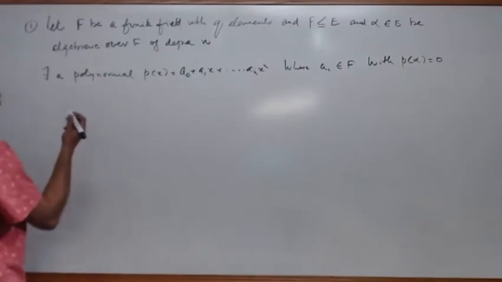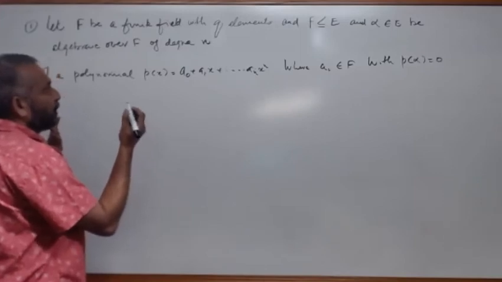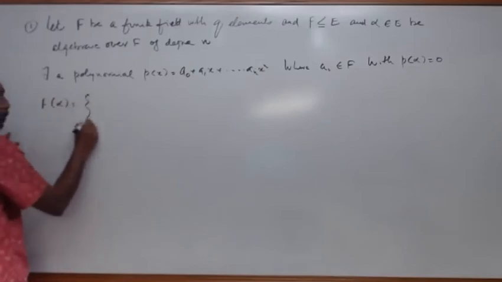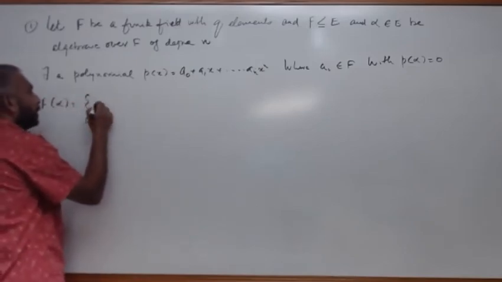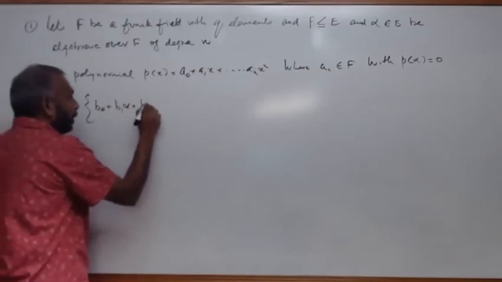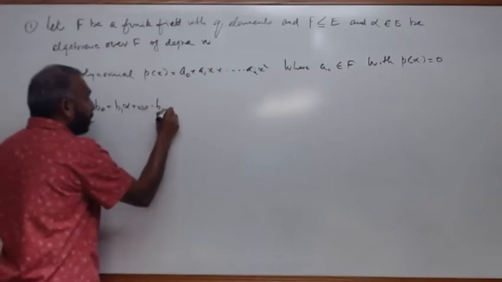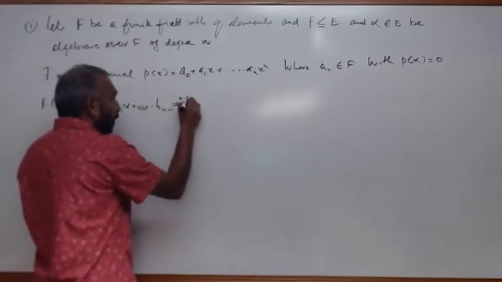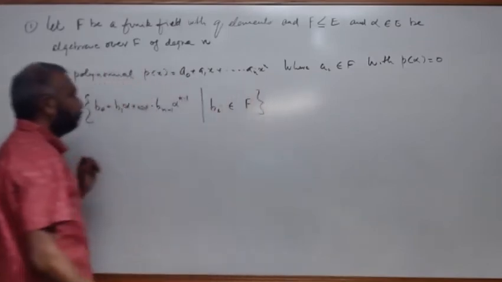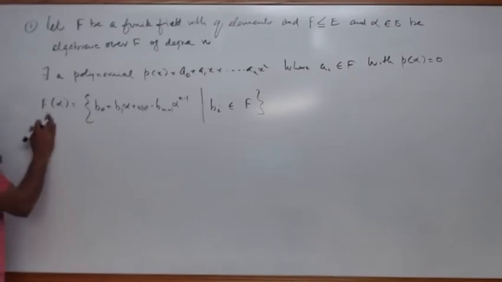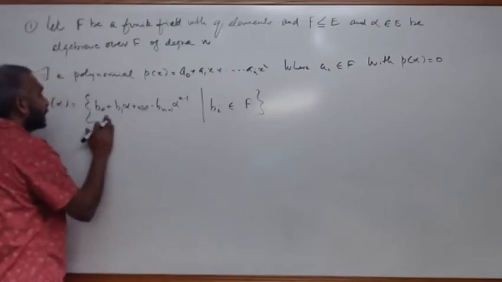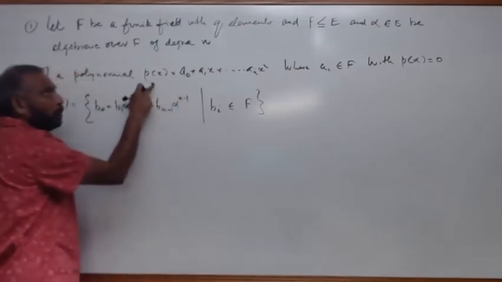So how do you write the elements of F(alpha)? F(alpha) is equal to b0 plus b1 alpha plus ... bn minus 1 alpha to the power of n minus 1, where bi belongs to F. It is the collection of all polynomials in alpha whose degree is less than the degree of the irreducible polynomial.